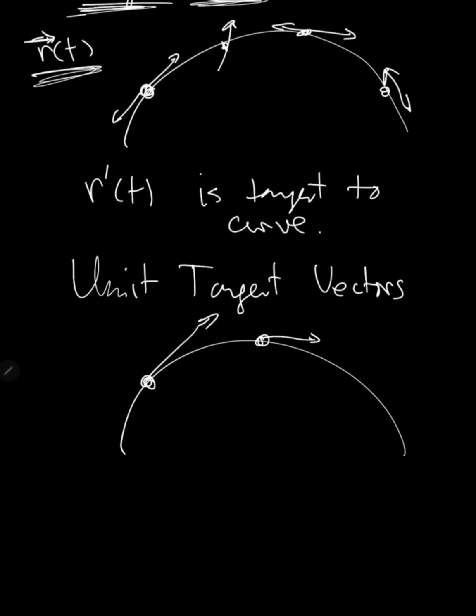We want tangent vectors that have exactly length 1, because for a lot of things it's going to make our lives easier. Once we make it a unit vector, we're removing the change in velocity in terms of this motion.